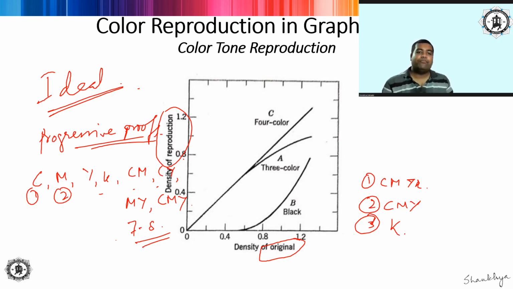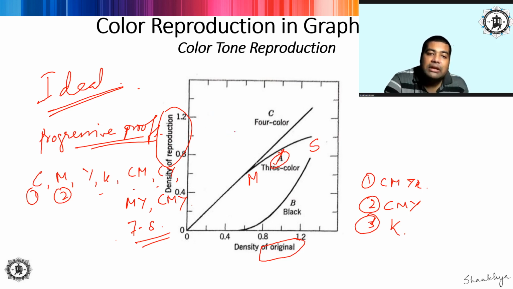You see here, the three color density curve over here, that is curve A. This particular curve seems to be drooping down as it moves from the midtone towards the shadow areas, right? That means what? That means when they are going to get superimposed on top of each other, their densities are basically getting reduced and they are not following the ideal curve.